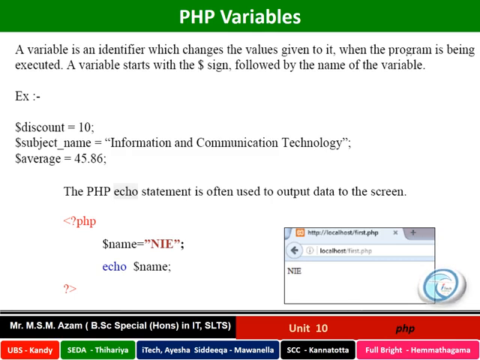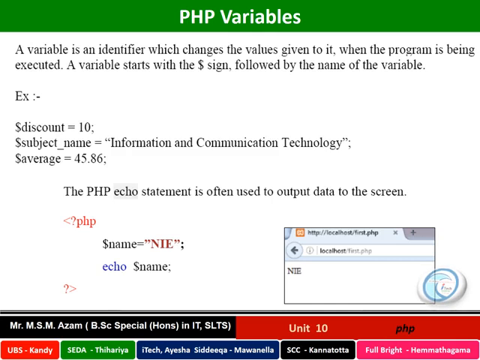That means text. We have to declare that value within double quotation marks. Third, we have declared a variable called average. The value assigned to that variable is 45.86.